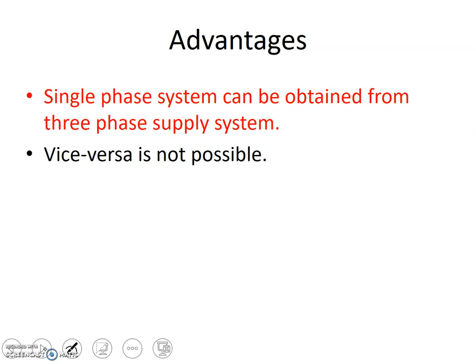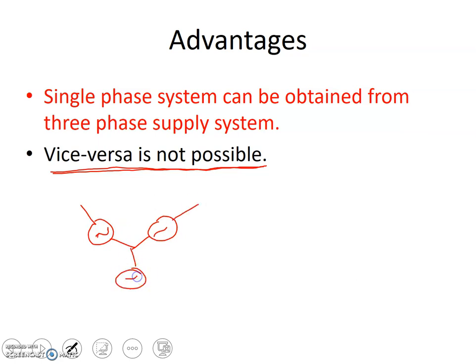And at last, a single-phase system can be obtained from a three-phase supply system, while this is not true the other way around: you cannot get a three-phase system out of a single-phase system. So say a three-phase system is connected in star, then you can utilize any one of the phases, say AN, to connect to the load.